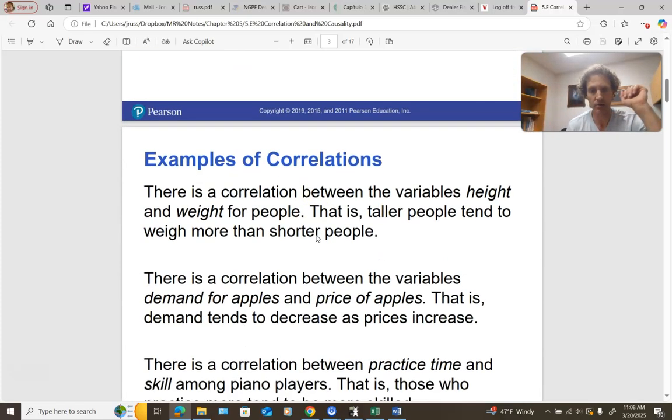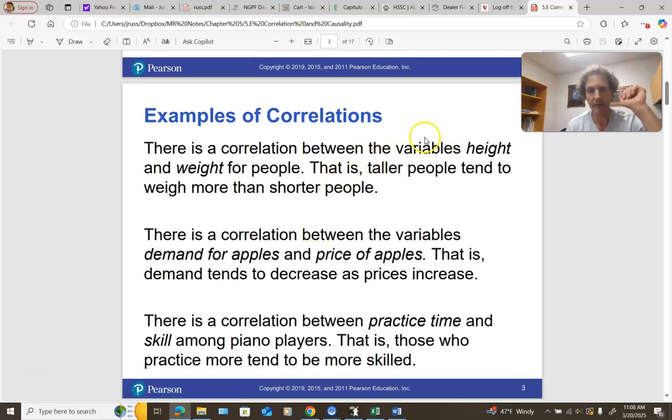And some examples would be, if we let height be a variable and then weight be a second variable. Okay? There is a correlation between these two variables, height and weight. Okay? And it is that as people tend to get taller, or as their height increases, think about being a kid and growing up. Okay? You're growing in height, but you're also growing in weight, right?